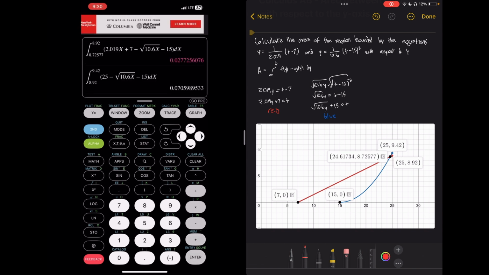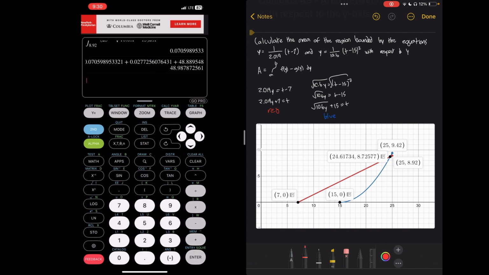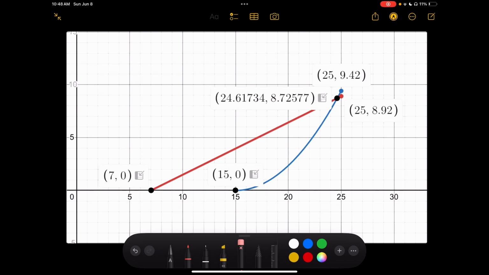And to get the total area between the two curves, we will have to add all of these together, and we'll get 48.99. Going back to the context of the problem, the red line represents Khan Academy's subscribers, and the blue line represents mine. And all numbers are scaled down by a million.